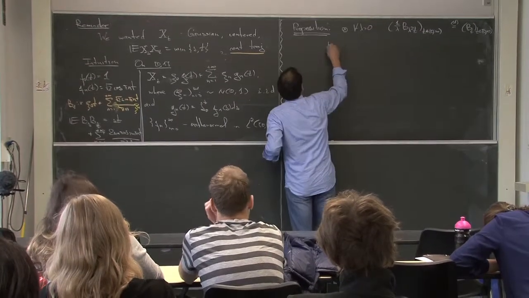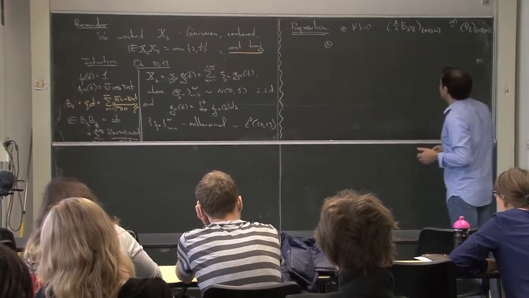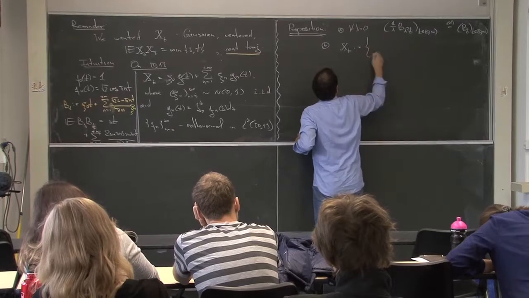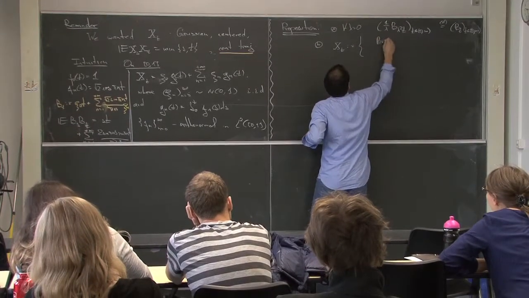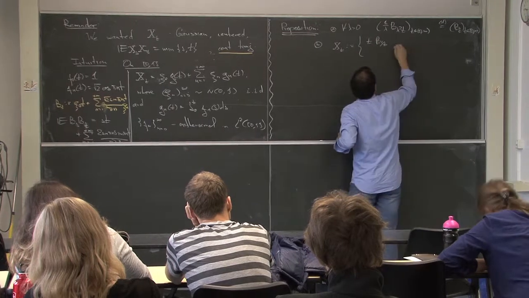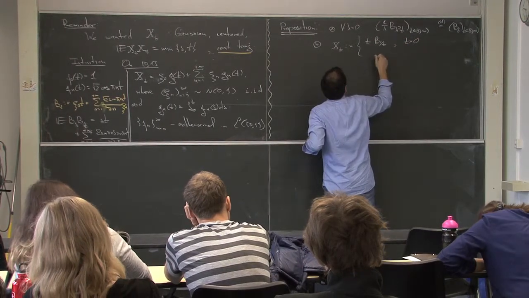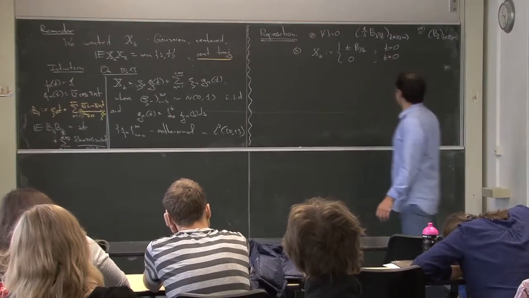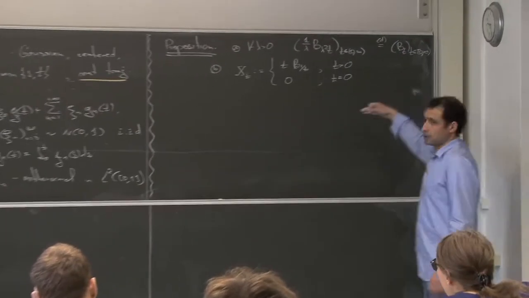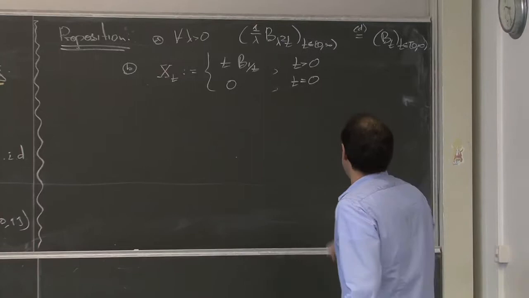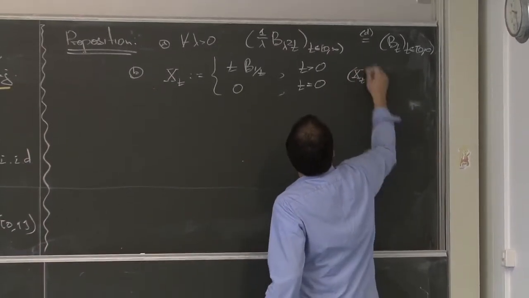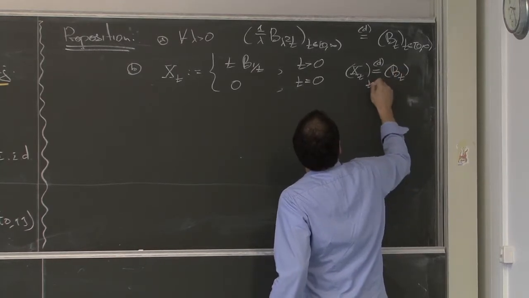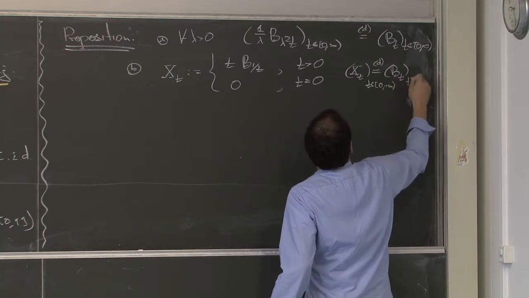And the second property is that if I define another process to be t multiplied by B_{1/t}, for t positive, and define it to be 0 at the origin, then again what I have is my Brownian motion.